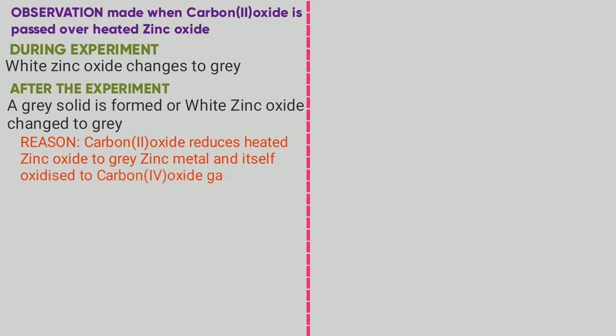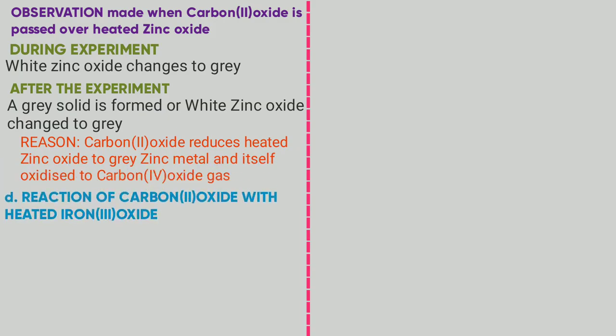D. Reaction with heated iron 3 oxide. The chemical equation is iron 3 oxide plus CO gas, carbon 2 oxide, arrow iron metal plus CO2 gas. To balance the equation, place 3 where there is carbon 2 oxide and then place 2 where there is iron.